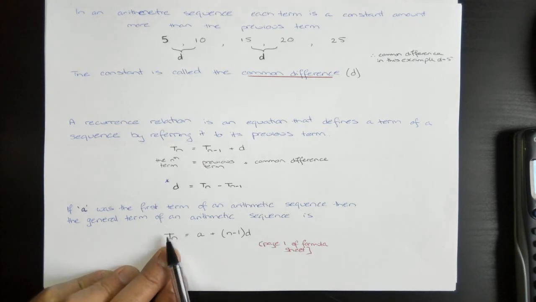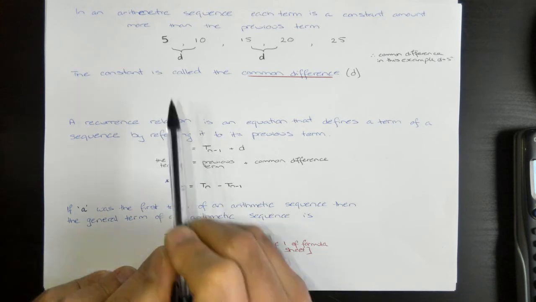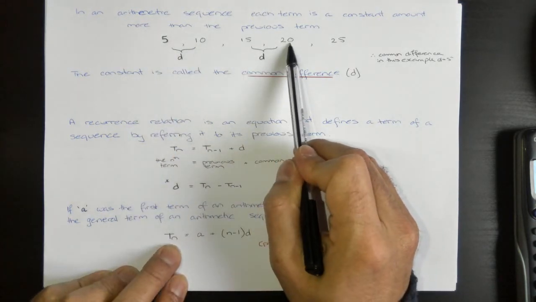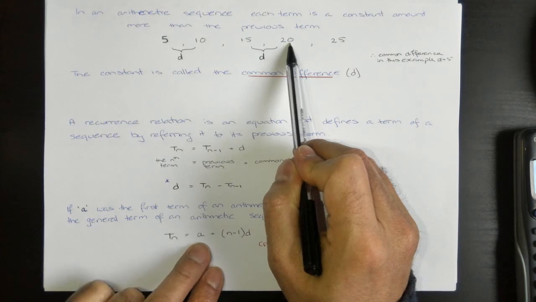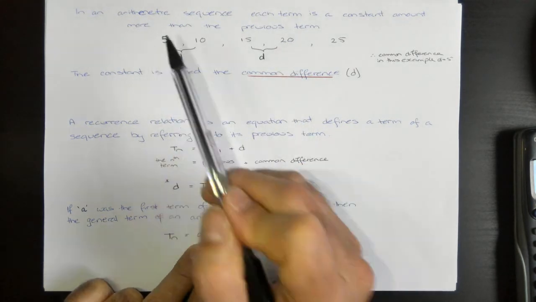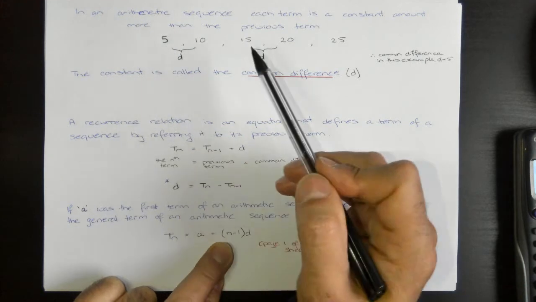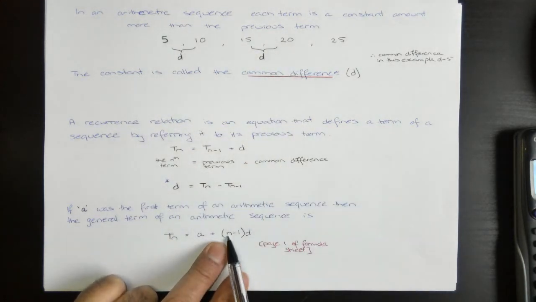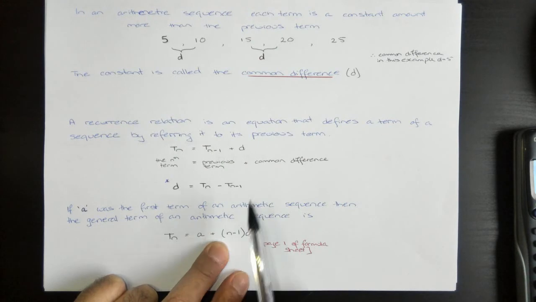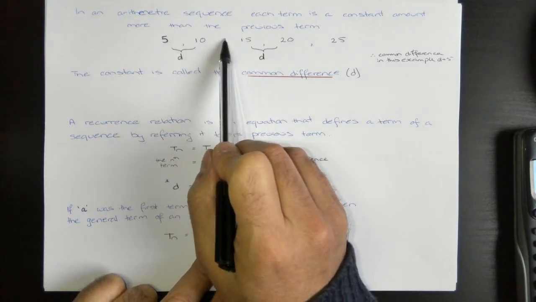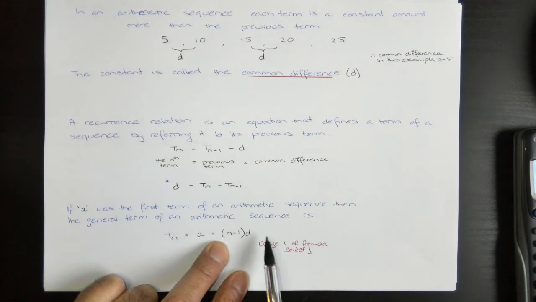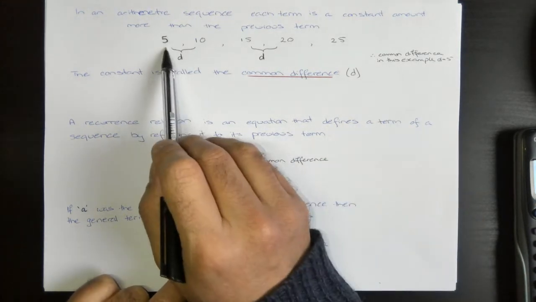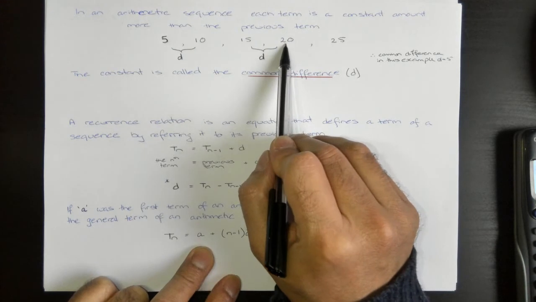For example, if I want my fourth term, that's 1, 2, 3, 4. It is the first term, A, plus the previous, so 4 minus 1 is 3, times D. So 3 times 5 is 15, and 15 plus 5 gives me my fourth term of 20.